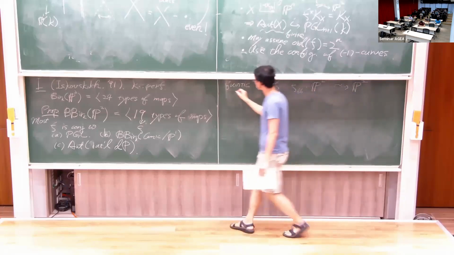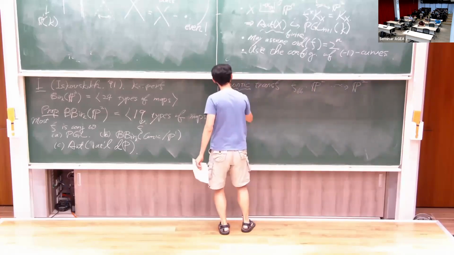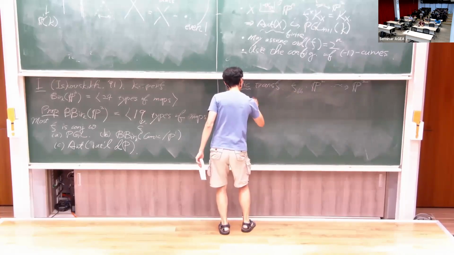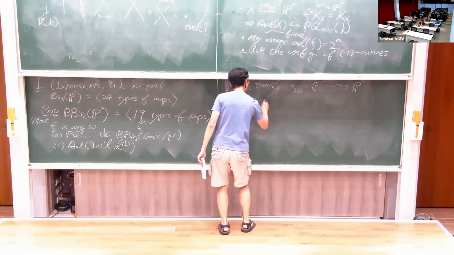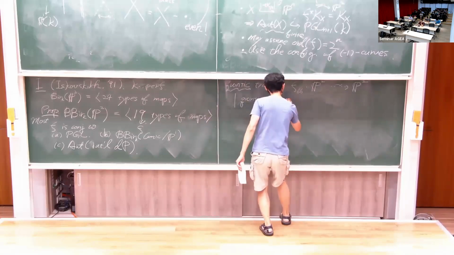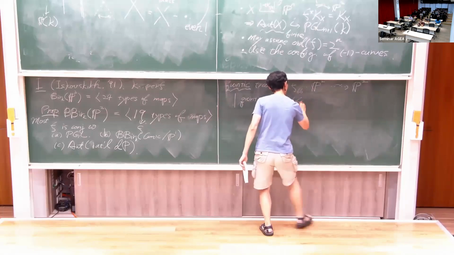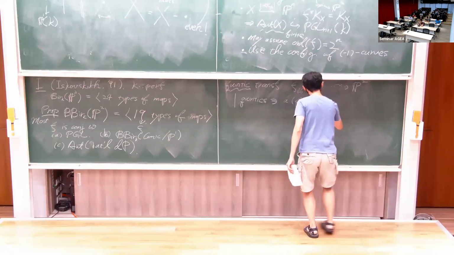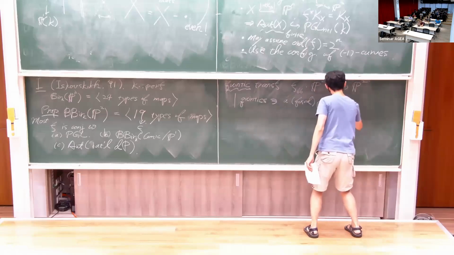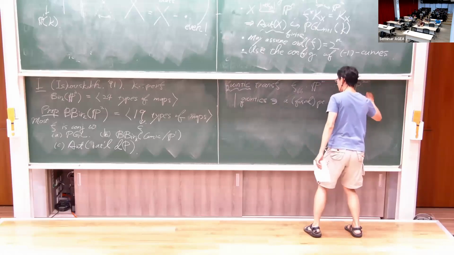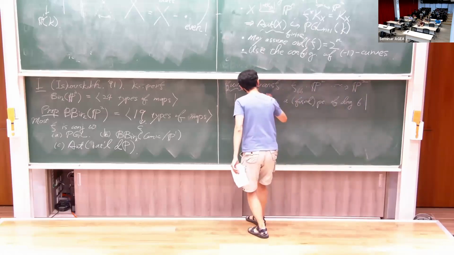By quintic transformation, I mean this map is produced by the linear system of quintics which pass through a fixed point. So you need to fix a point of degree 6. And not only that, but a nodal quintic.